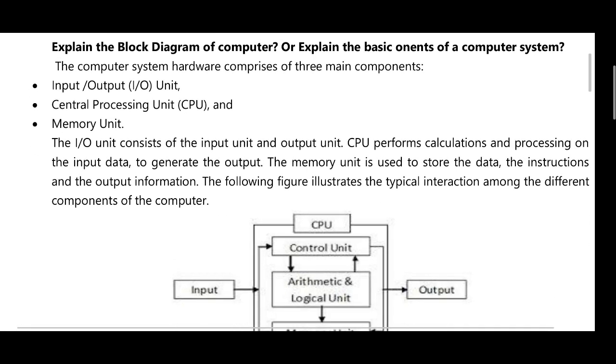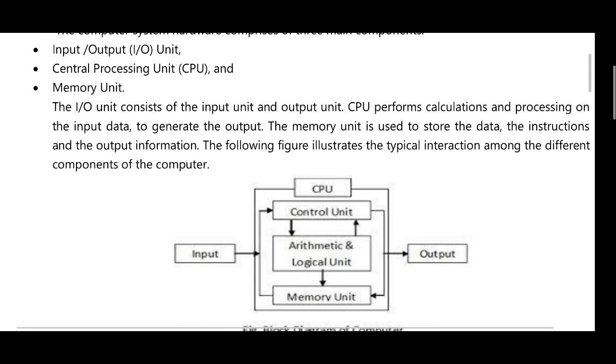Block diagram of computer: input and output unit, central processing unit CPU, and memory unit. The input and output unit is here. The CPU performs the calculations and processing on the input data and generates the output.